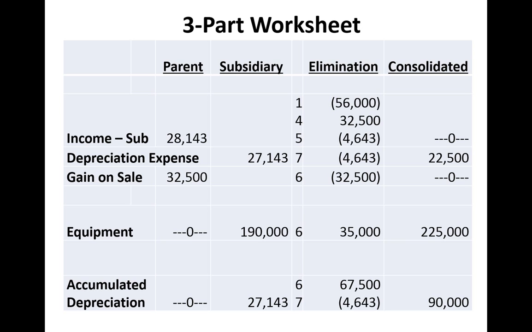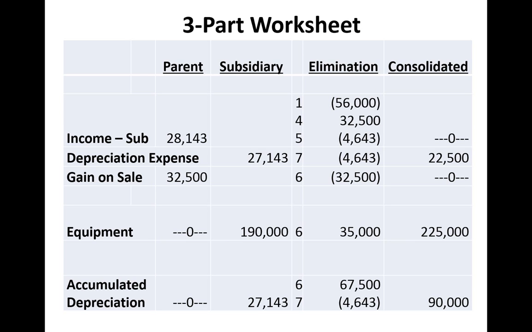If we take $22,500 times 4, what do we get? We get $90,000, which is what the accumulated depreciation would have been had they not sold it. So EJE 6 and 7 together bring the accumulated depreciation to where it needs to be.